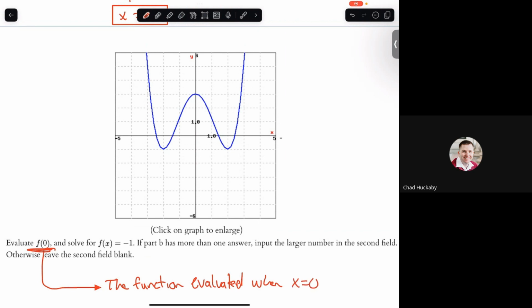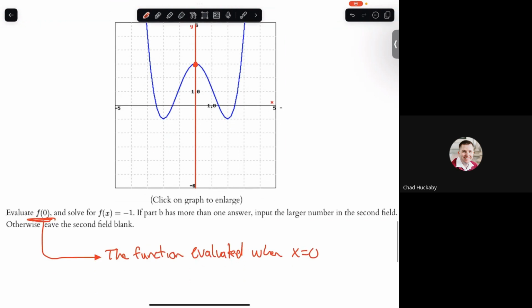And it's just like you said, we're looking for where this function crosses this line, x equals 0. So f of 0 is this point right here. So what is f of 0? Well, this is 1. This is 2. That looks like 3. So it looks like f of 0 is equal to 3. Do you agree with that?